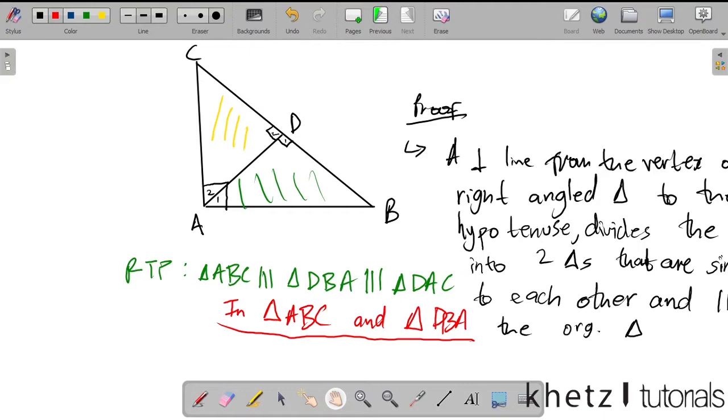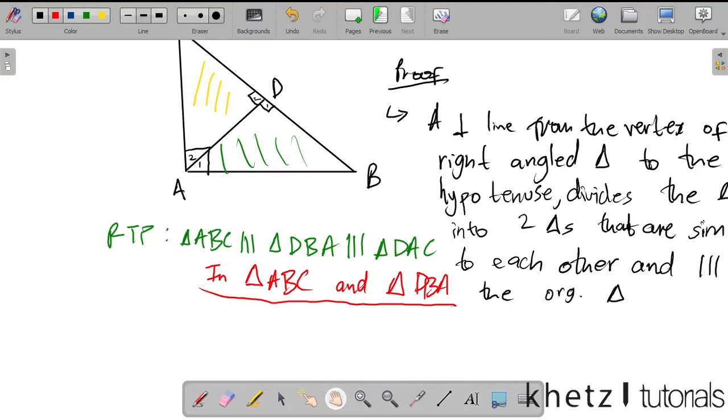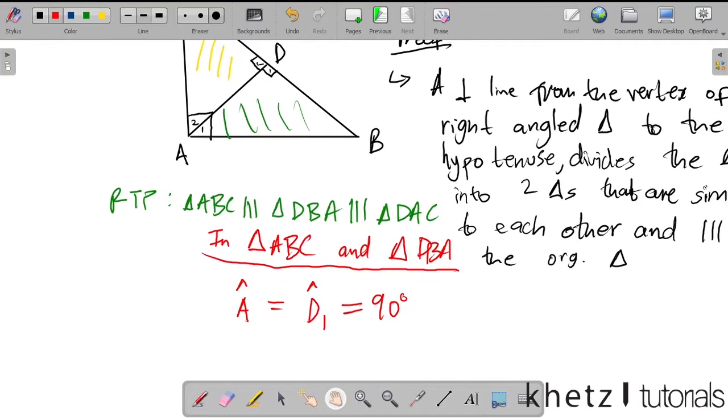And so if you look at those two, you will notice that angle A, which is from the big triangle ABC, is equals to angle D1, which is in DBA, and both of them are equals to 90 degrees. Okay, that is out of the way. That is just given to us. It's present in the diagram, so it's basically given.